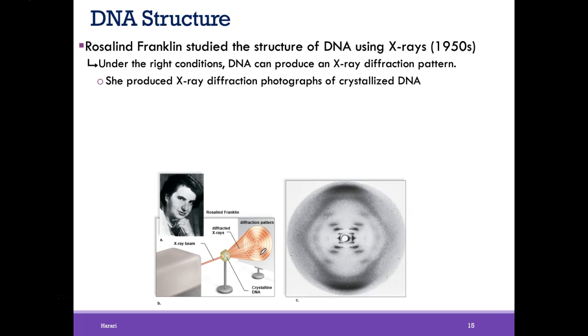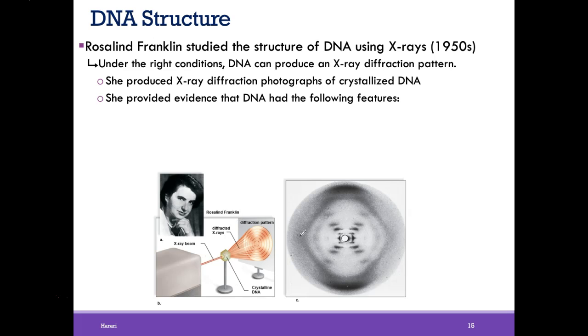A way to illustrate this is like if you were to drop a pebble into a pond, and you could look at the ripples. And then from looking at the ripples, you can deduce the exact shape of that rock that you dropped. That's the same idea. So by looking at this diffraction pattern, she looked at a lot of different photographs of crystallized DNA.